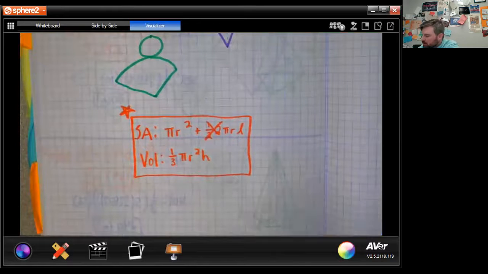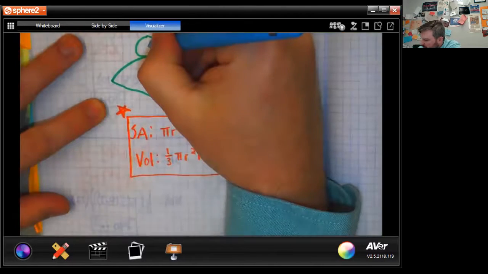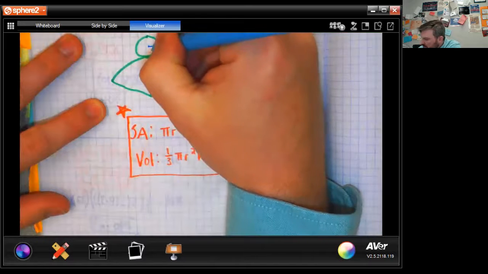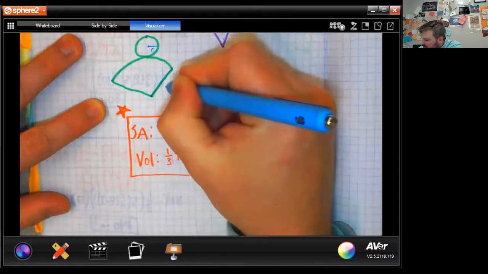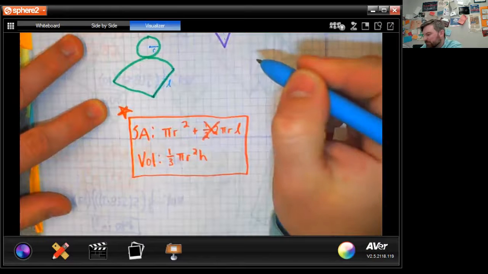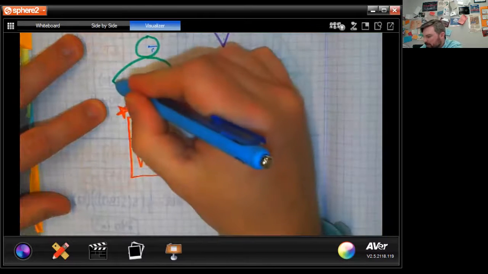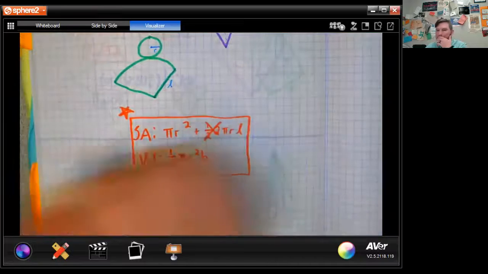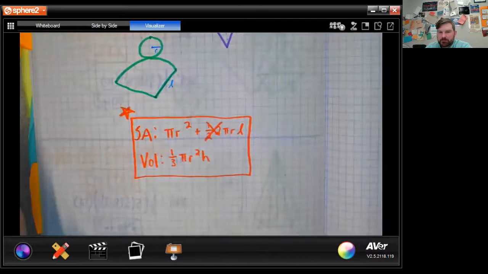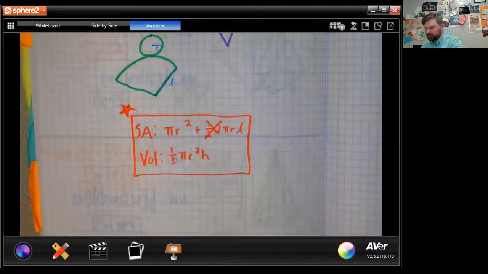Okay, so here in this picture, we have the radius, and this length right here is L, the slant height. And this right here was that part of the circumference. Okay, so these are the two formulas we need.